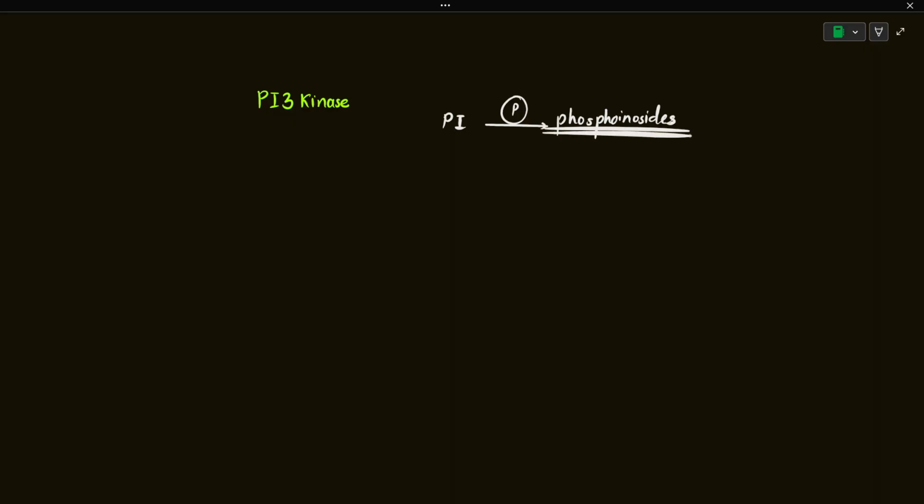Those are known as phosphoinositides. We discussed in the plasma membrane lectures that they are very crucial for signaling to go on. And we have already discussed one kind of phosphoinositide, that is PI 4,5 bisphosphate.